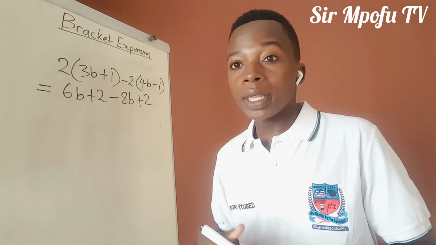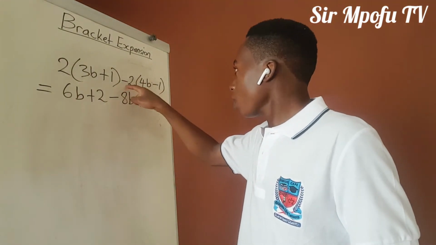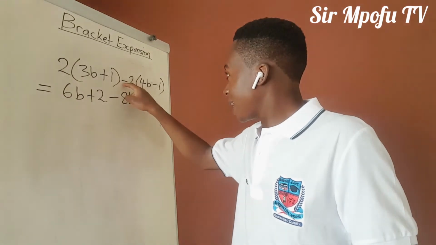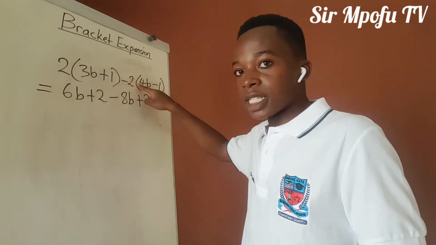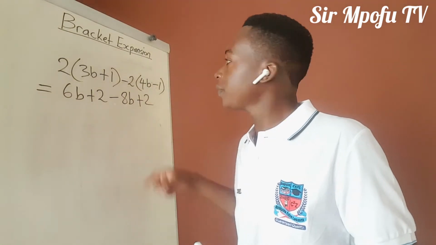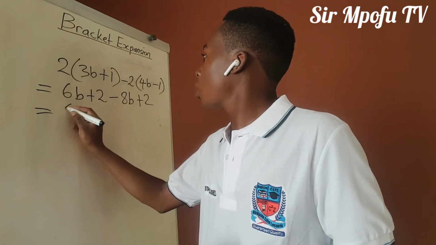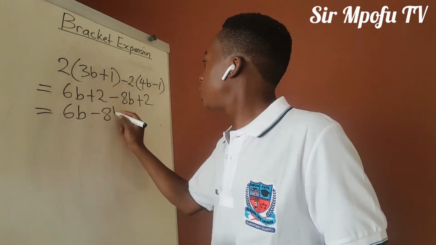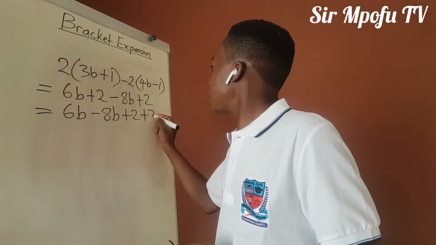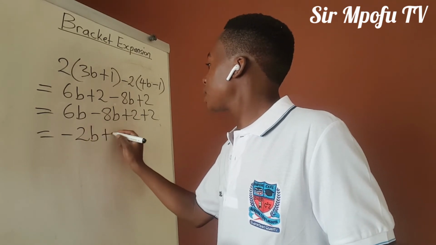So we get 6b plus 2 minus 8b plus 2. Remember, I told you that this bracket is being multiplied by negative 2, so this negative sign is going to change all the signs. Here there's a positive sign, it's now negative. And here the negative sign is now a positive sign. Then collect like terms and simplify, because we have like terms. So 6b minus 8b plus 2 plus 2. Your final answer will be negative 2b plus 4.